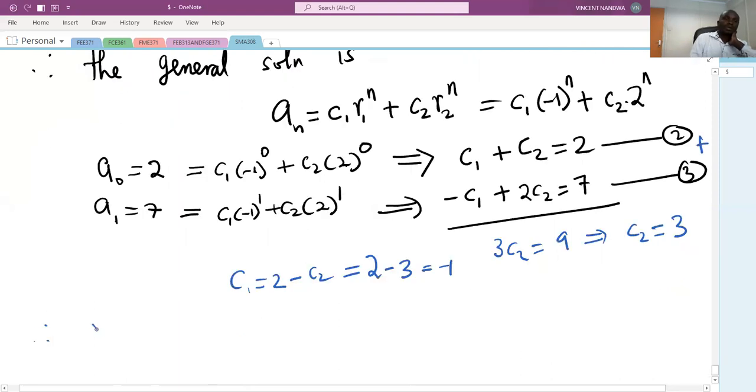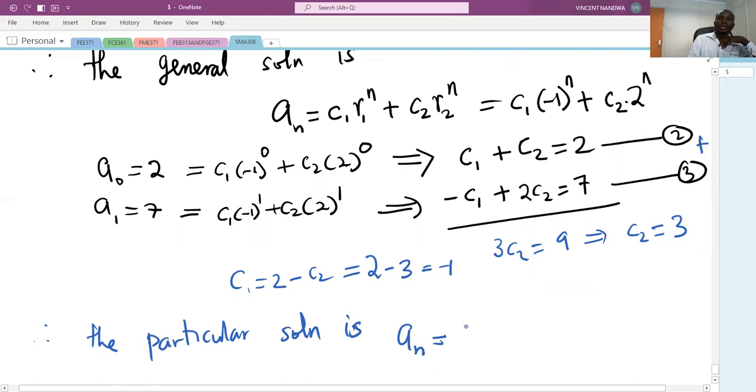So the particular, the specific solution, is a_n equals 3 times 2^n minus (negative 1)^n... that will be the solution to that given recurrence relation.